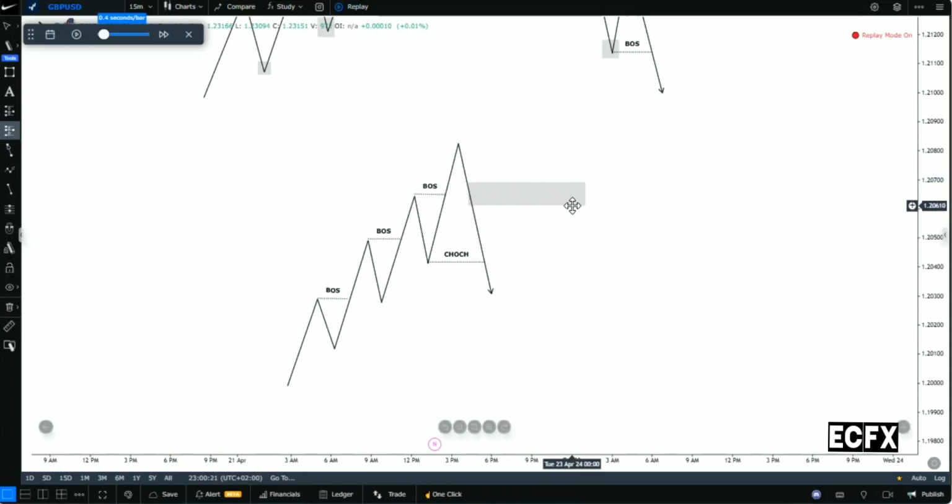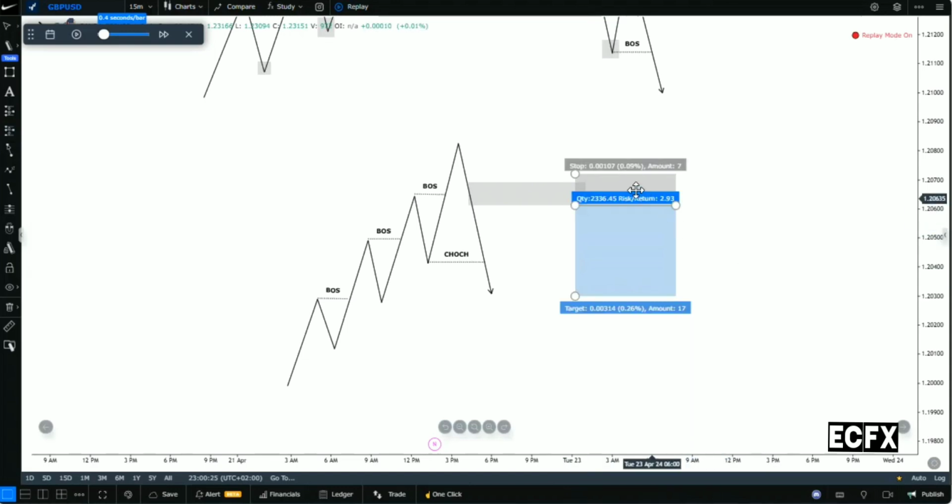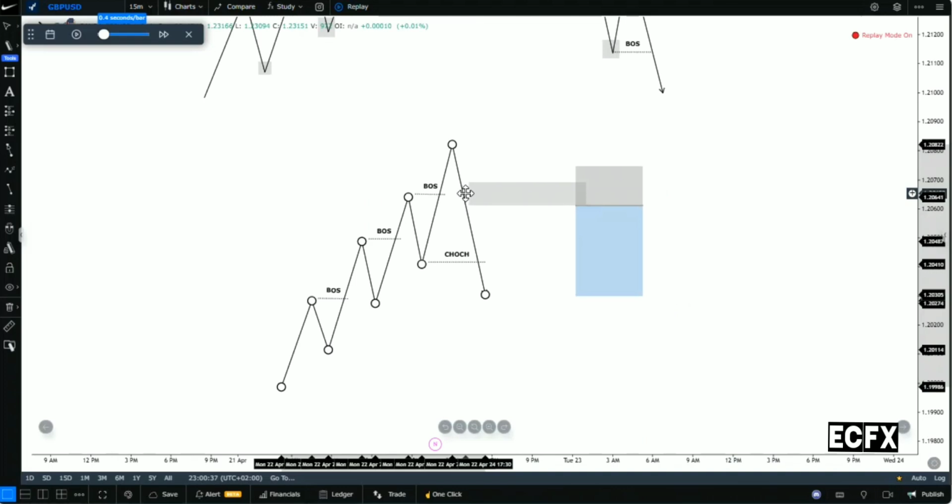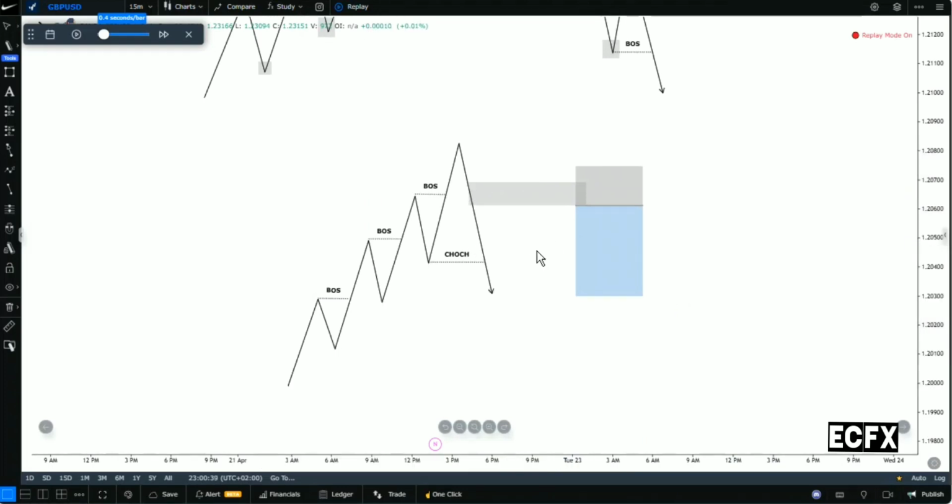So from here we would look for a position to the downside targeting the previous lows, with the stop loss either above the previous high or above the level that caused this low to get taken out, right? So at this point in time we are looking at something like this, and then we will be targeting the previous low that got put in place, right?